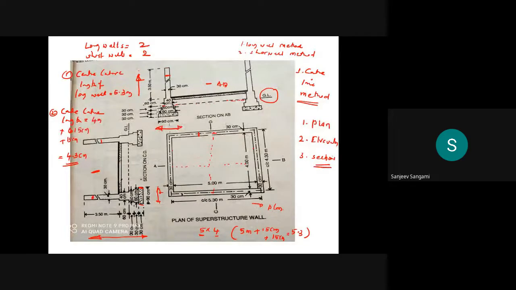The 90 centimeter excavation is till ground level. Till ground level, how much is there? 30 centimeters plus 30 centimeters plus 30 centimeters. So here you can see this section, this section, this section, you have to add it all. So this will become 90 centimeters, and that will be along the height.